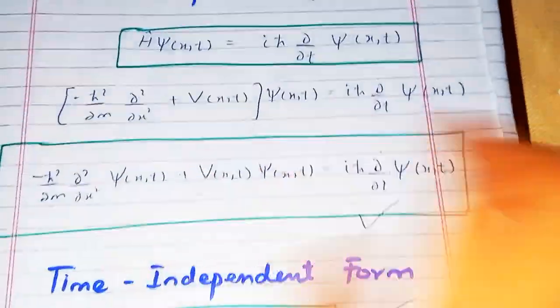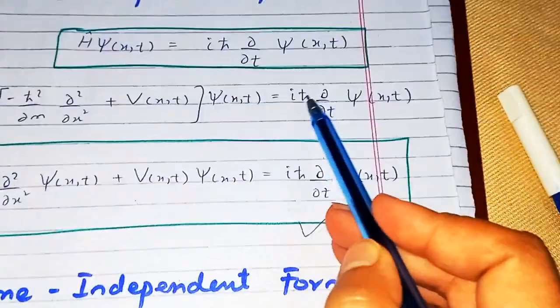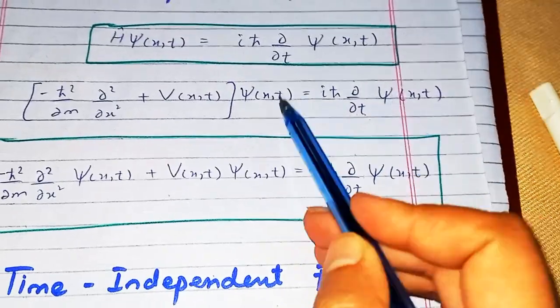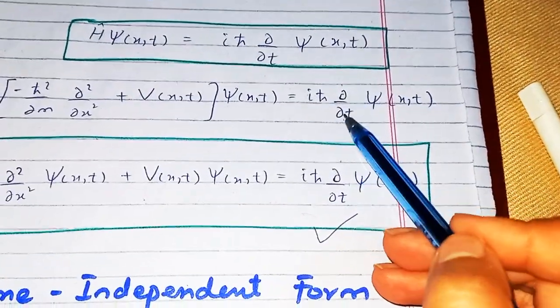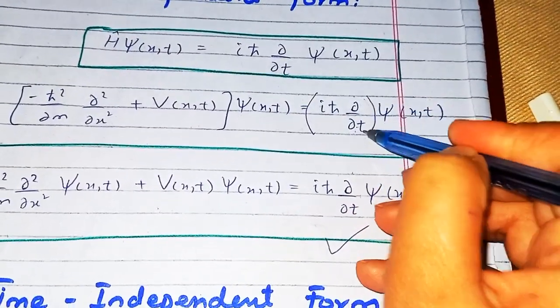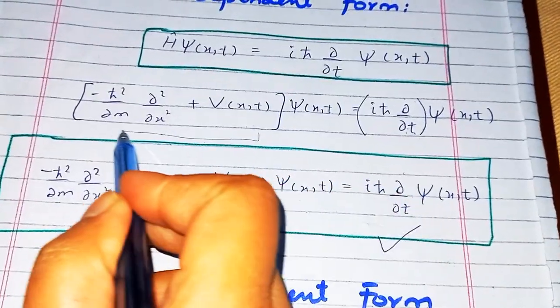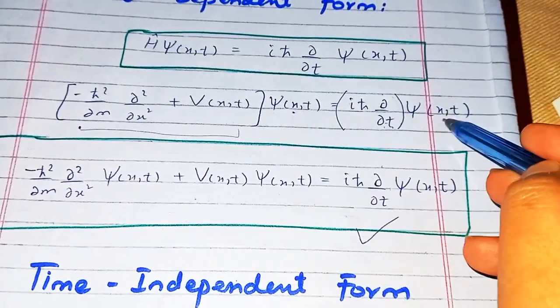So that is how we can see here that this is iota h squared partial by partial t applied on psi. I have applied psi on both of these sides. You can see iota h squared partial by partial t. This is Hamiltonian, time dependent Hamiltonian. Okay, and this is the position dependent Hamiltonian. Both of them are applied on psi on both sides.